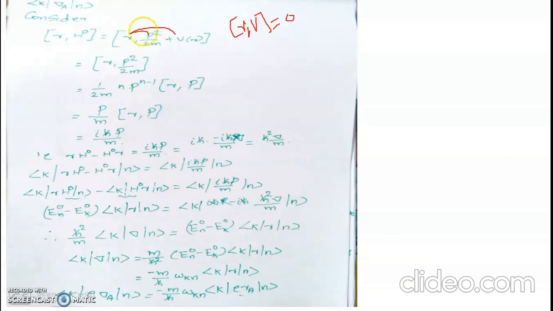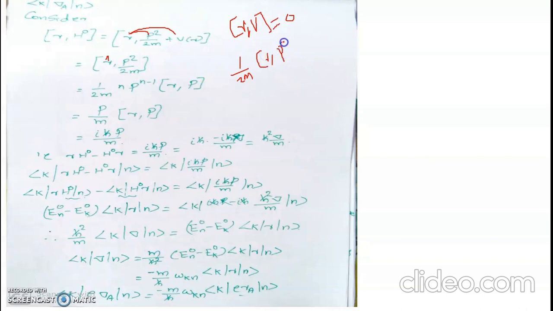So I have omitted that term. What remains is the commutator r, p square by 2m, which has operators r and p square. So 1 by 2m is a constant and can be taken out. So this becomes 1 by 2m commutator r, p square.